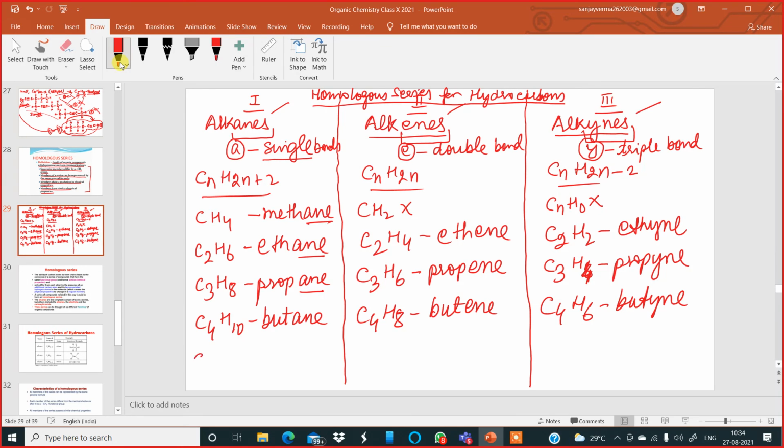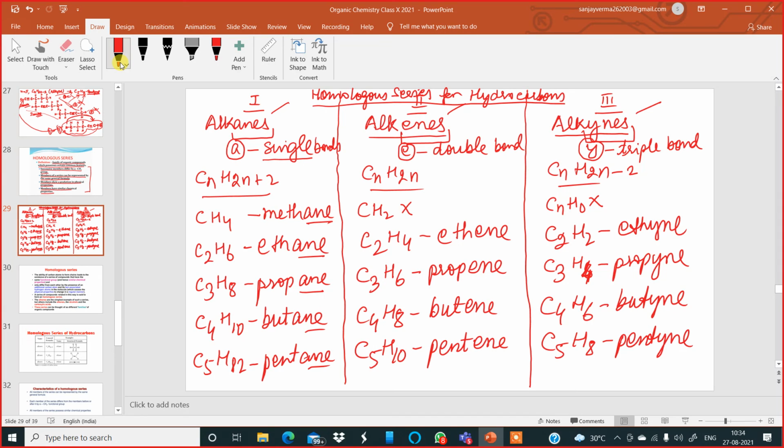Last one, C5H12. This is called pentane. Over here, C5H10. This is called pentene. For alkynes, n equal to 5, C5H, 5 twos are 10, minus 2 is 8. This is called pentyne.